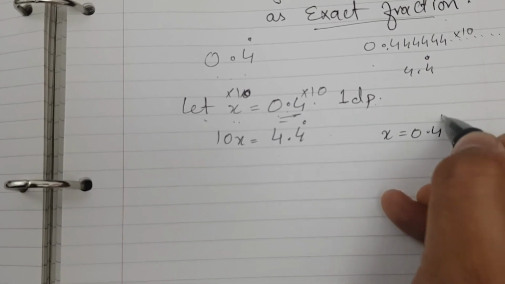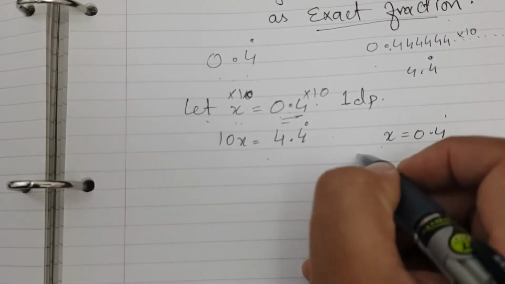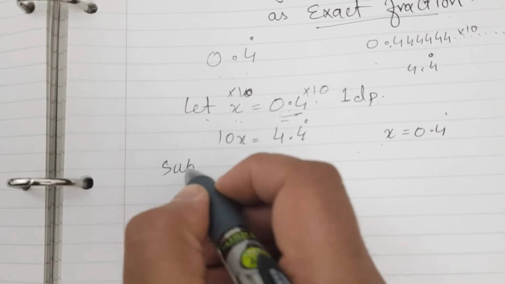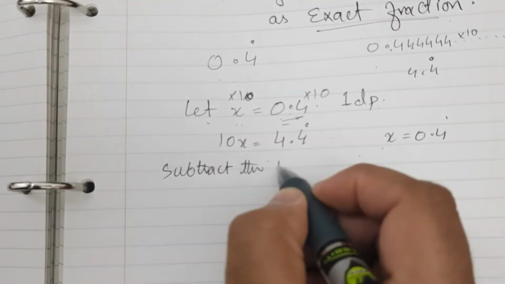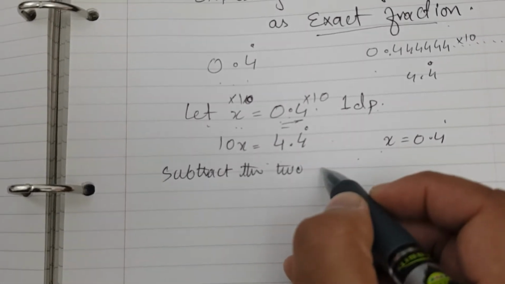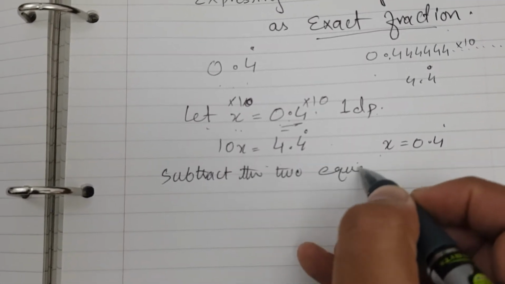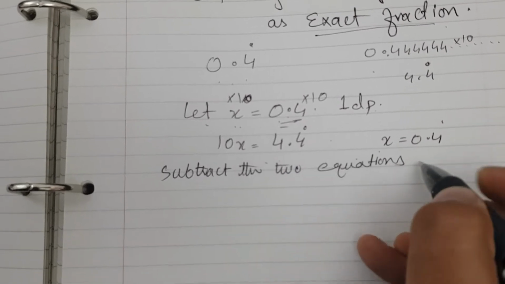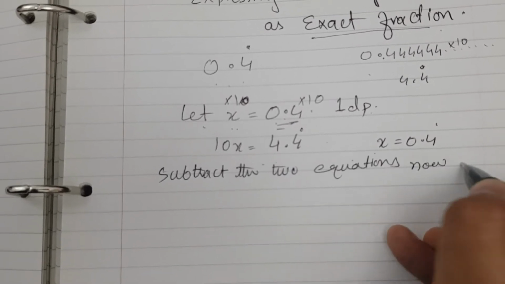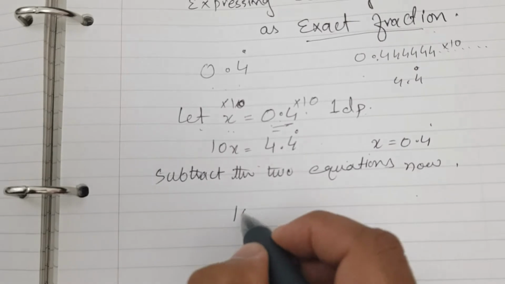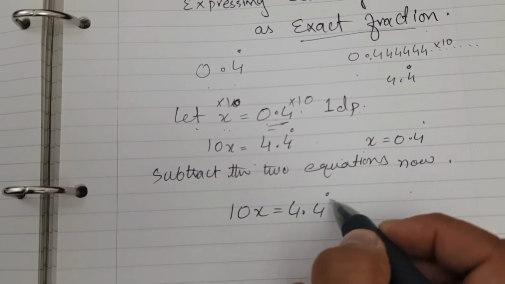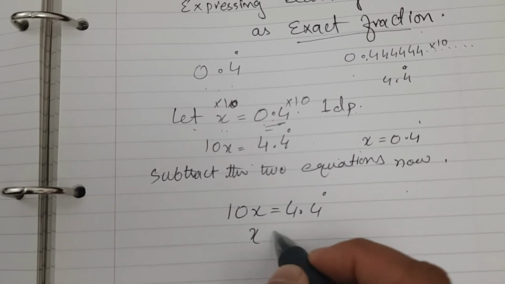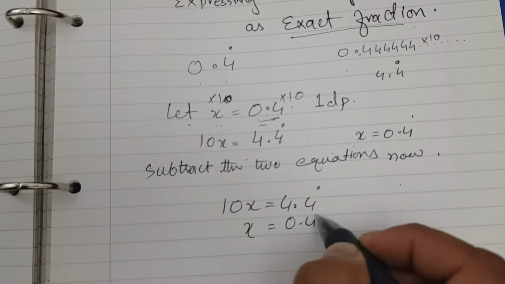I know that the actual x was 0.4 recurring, so I subtract the two equations: 10x equals 4.4 recurring, minus x equals 0.4 recurring.